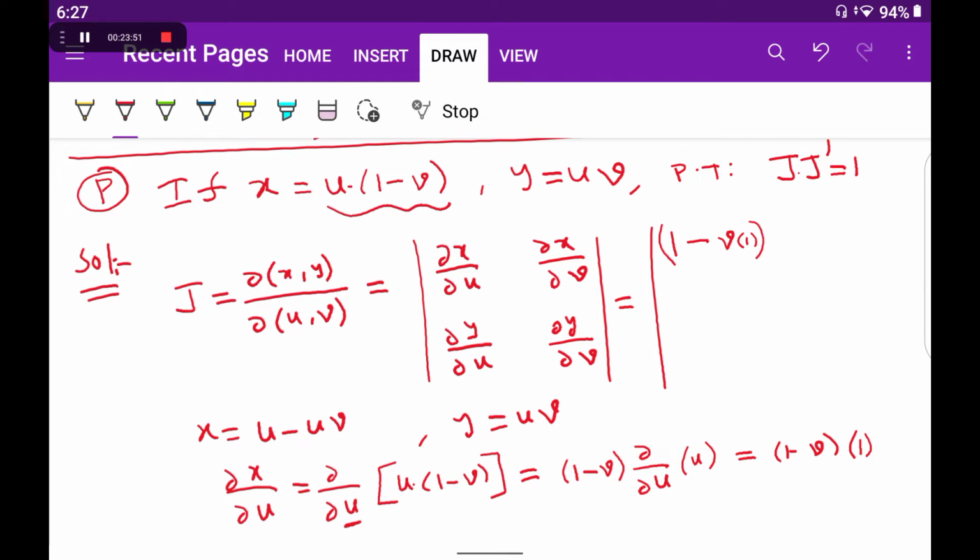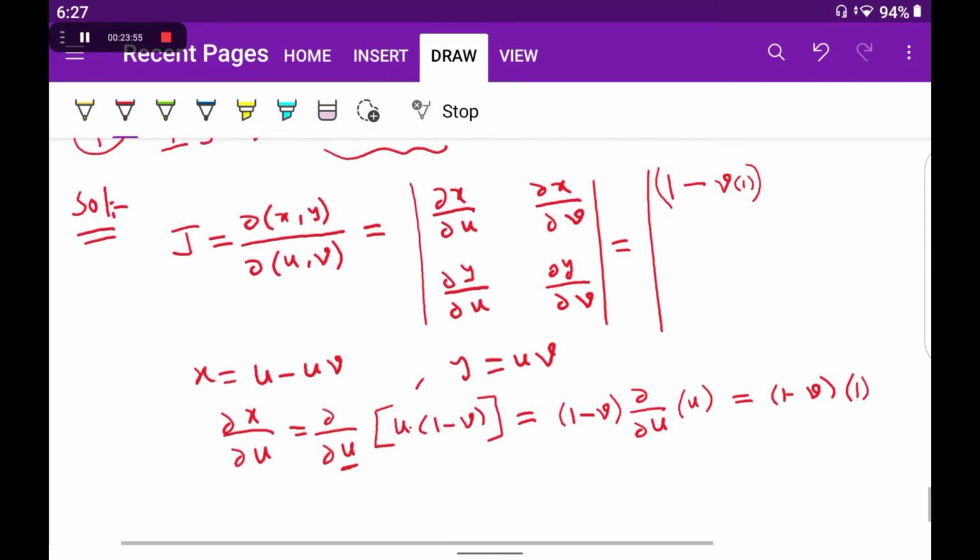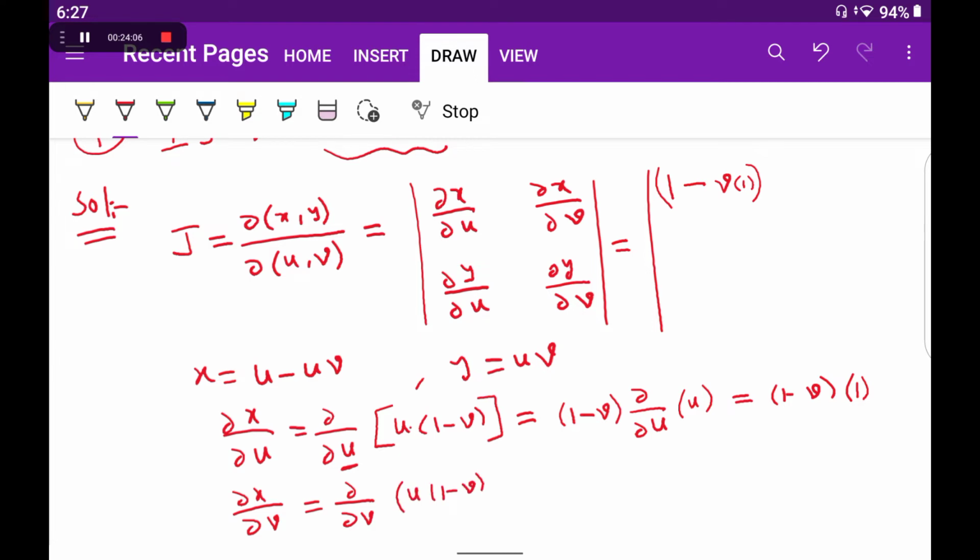And ∂x/∂v, we are differentiating with respect to v. So ∂x/∂v is ∂/∂v of u into (1 - v). Now we are differentiating with respect to v, so you can take u out.